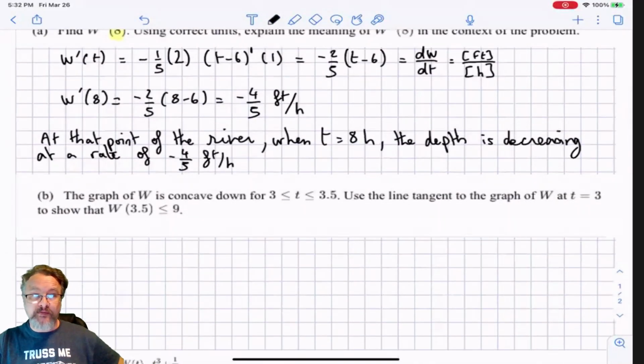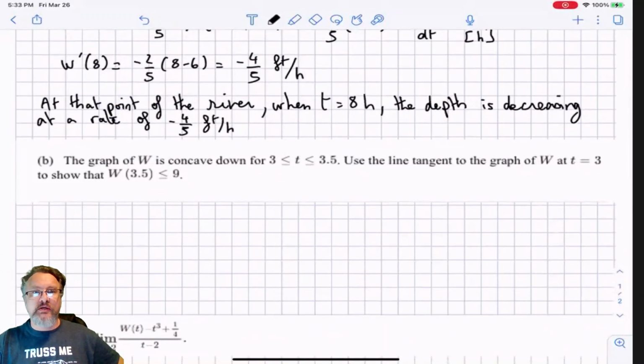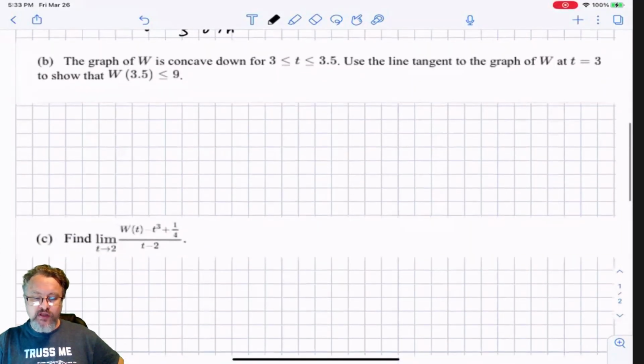Yeah, that's it. That's the kind of answer that you need to give for this kind of thing. I would advise you to err on the side of caution and to write a full sentence. All right, next.